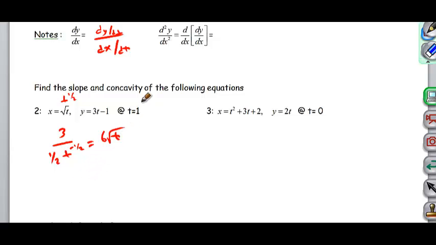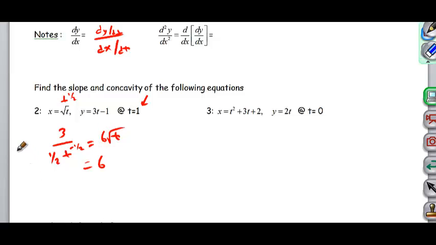That would be our derivative. And now, at this particular one, we're doing it at time equals 1, so the slope would be 6. Alright, so that's what you want. You want to be able to do the derivative of y divided by the derivative of x.